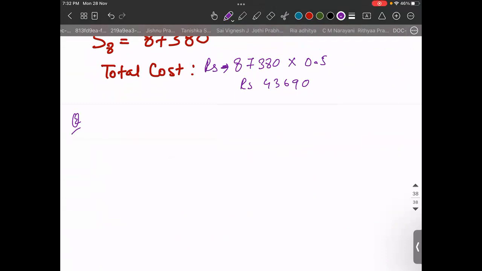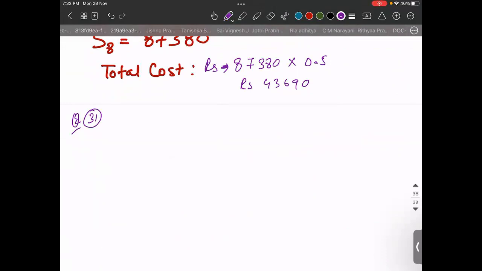Solve question number 31. Take out the notebook.